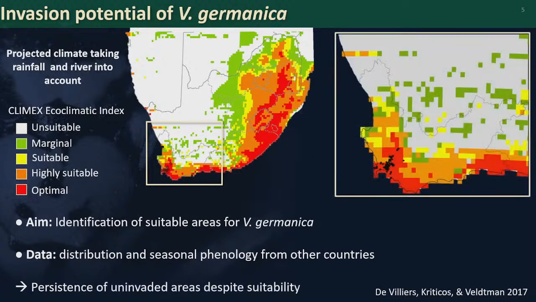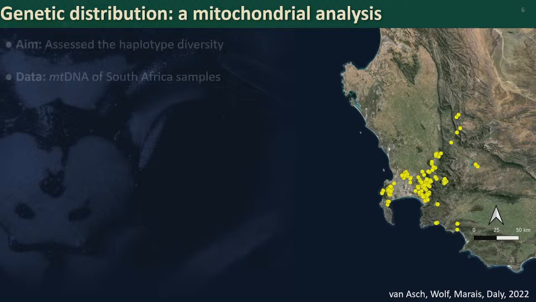But what we can see is that close to the recorded specimens, there are in red a lot of very optimal areas for the species. But the species is still not in this area. So there is a persistence of uninvaded areas despite extreme suitability.